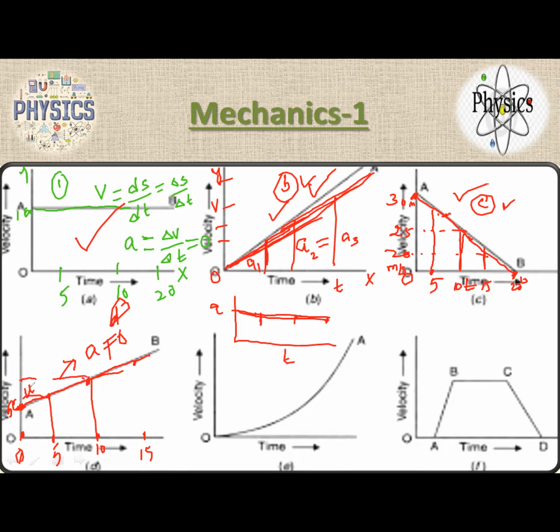You calculate the slope here. You can clearly see how it is increasing. Can you see here? The slope here is small. Here the slope is increasing, right? Yes, sir. So the triangle size also you can see simply. So the slope is increasing. Okay. So acceleration is also changing.